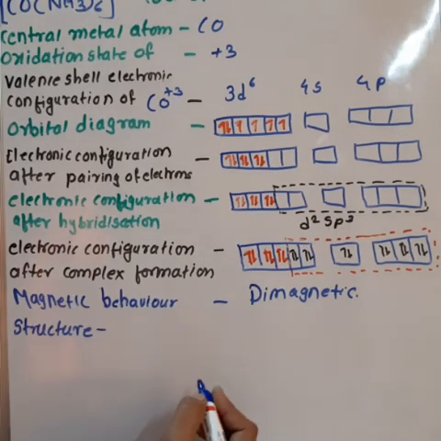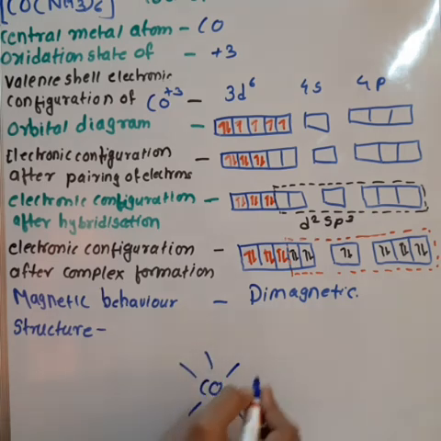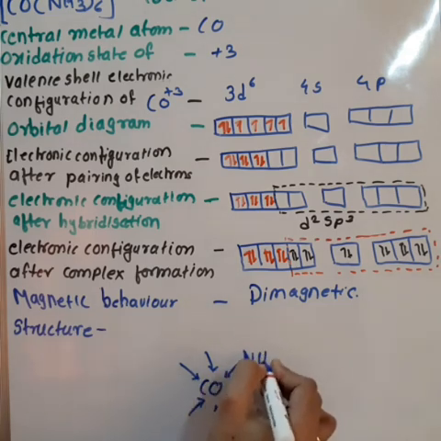The structure of the [Co(NH3)6]3+ molecule will be: Co, with 6 coordinate bonds, as there are 6 NH3 molecules.